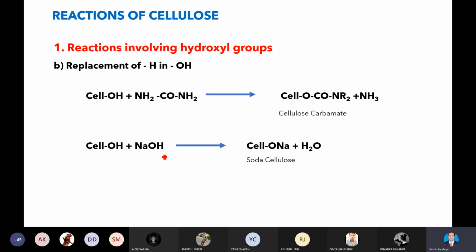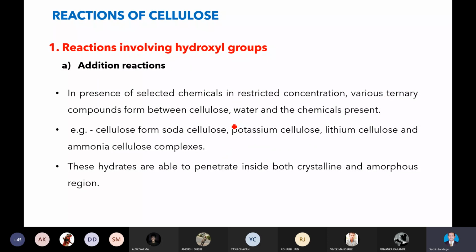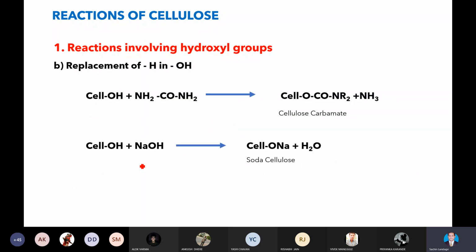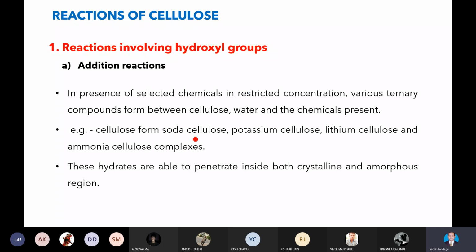See cellulose, and here we have used NaOH. While writing the short form of cellulose, it is written like this, Cell-OH. This is a short form. You'll find it in the books also. So this cellulose reacts with the NaOH.